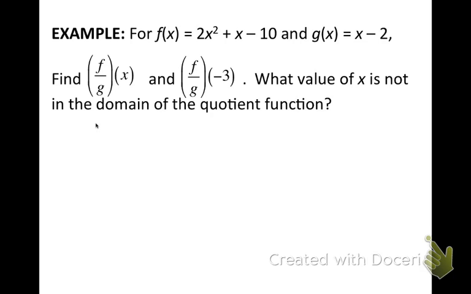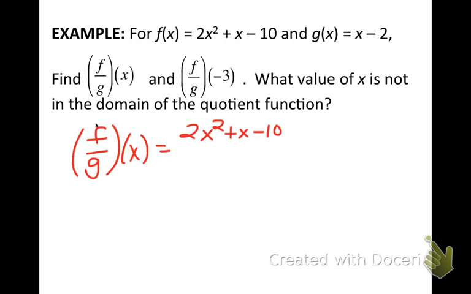Okay, so if I wanted to find f divided g of x, what do you think I'm going to do with these two things? Just divide them, right? So f divided by g of x is the same as just doing 2x squared plus x minus 10 divided by x minus 2.